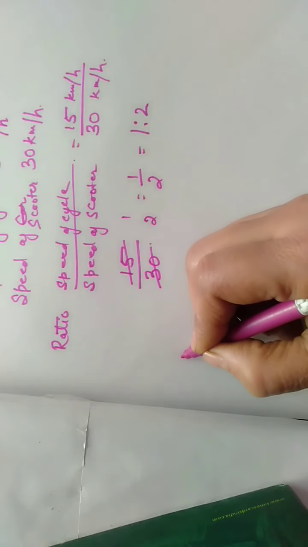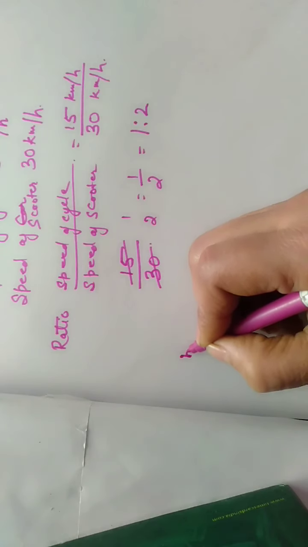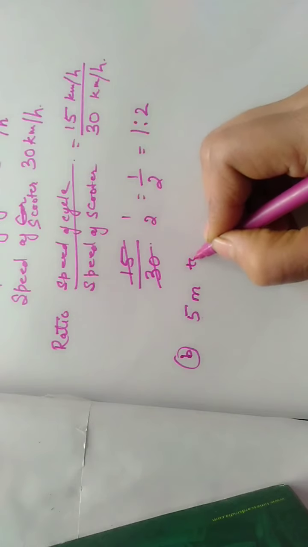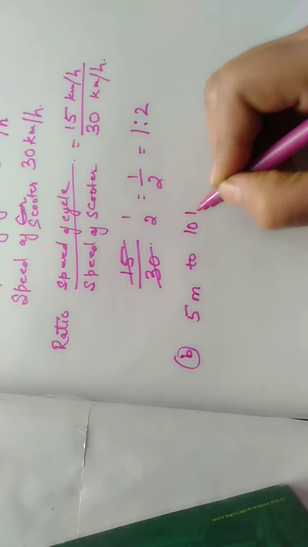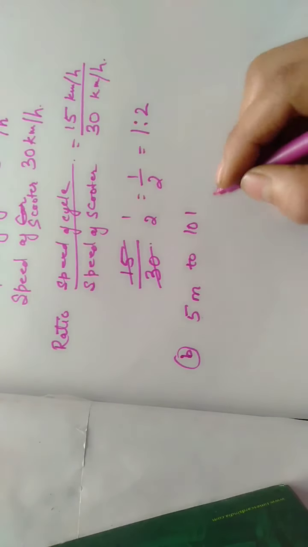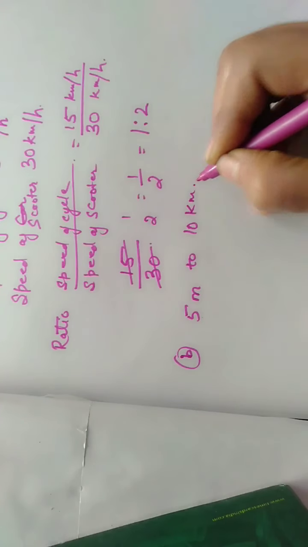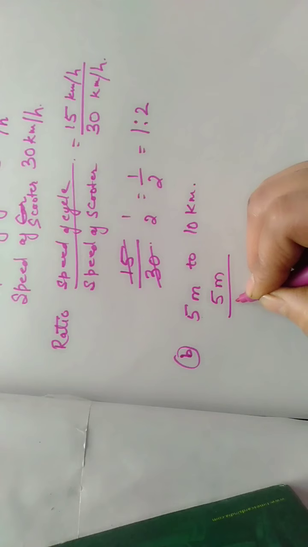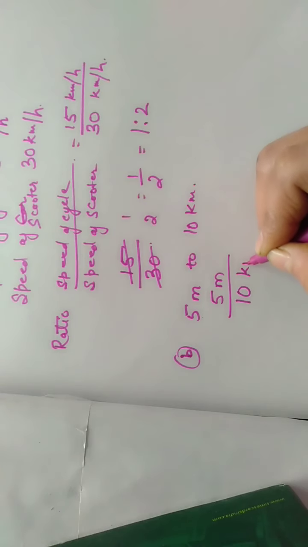Another one is 5 meter to 10 kilometers. So it's written in the form 5 meter upon 10 kilometer.